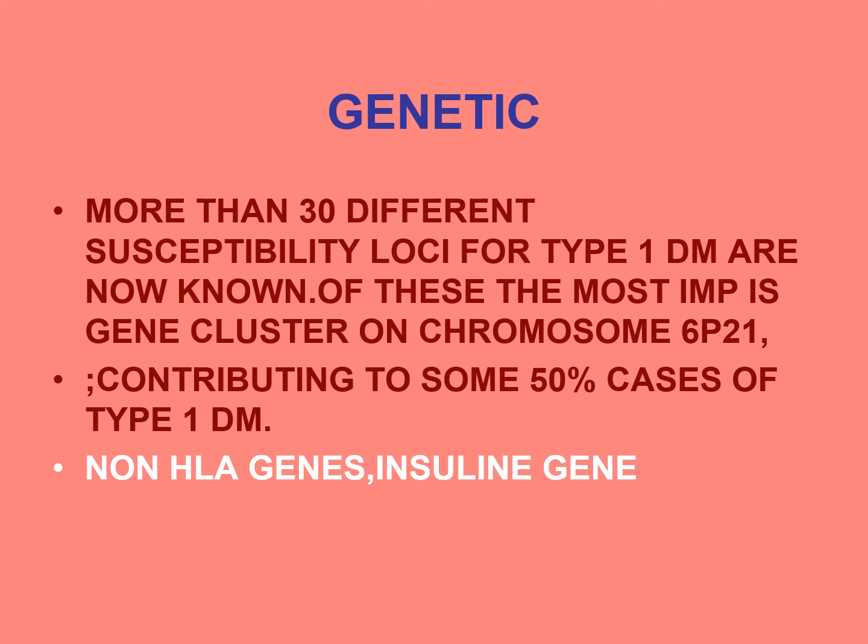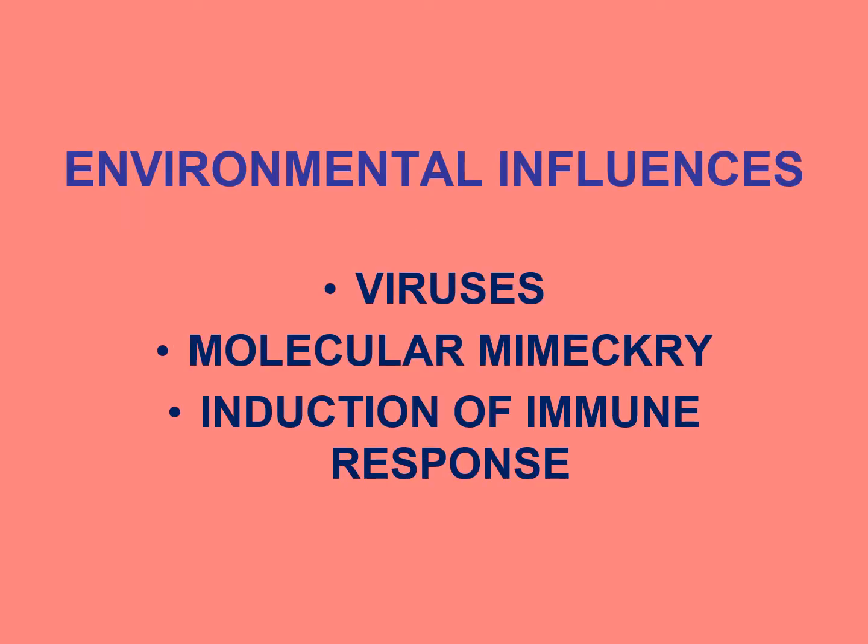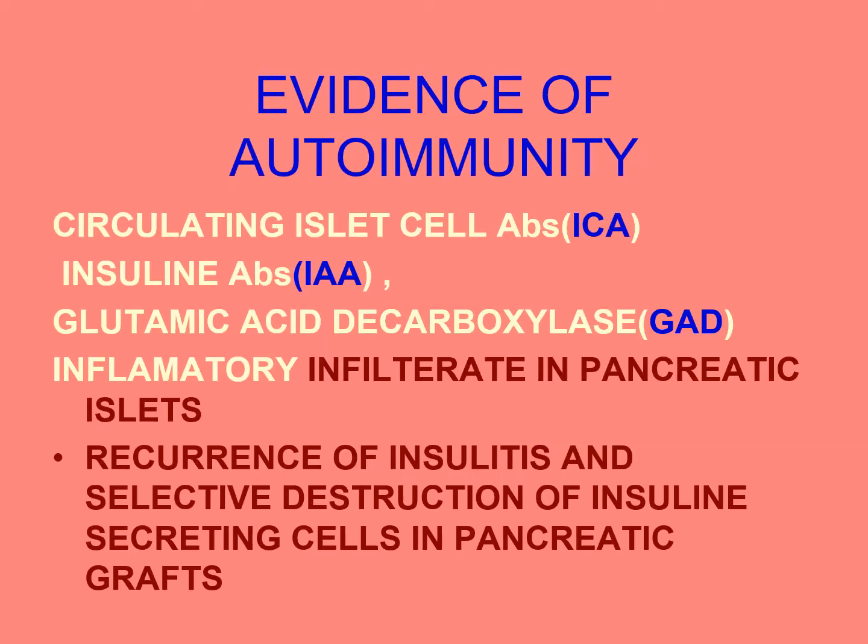Environmental influences: viruses, by directly causing damage or molecular mimicry, may be there. By inducing the immune response, these viruses may indirectly cause the development of type 1 diabetes mellitus. Evidence of autoimmunity comes from the circulating islet cell antibodies, insulin antibodies.